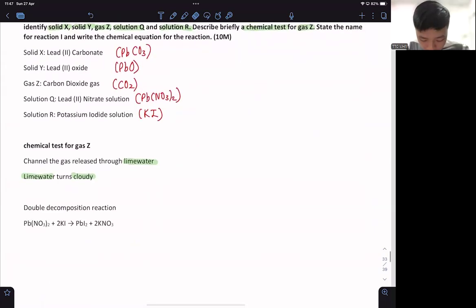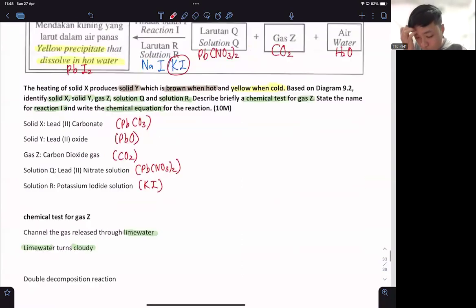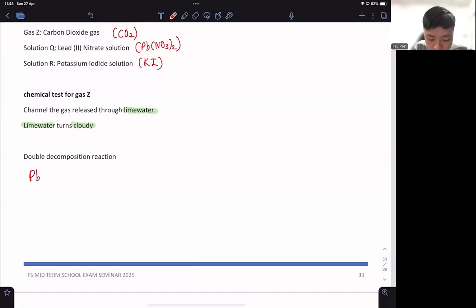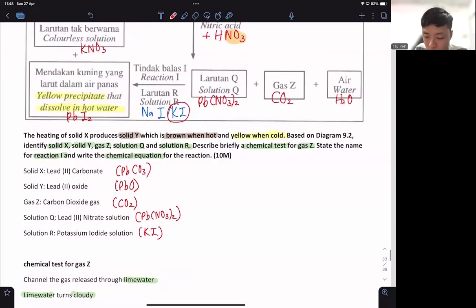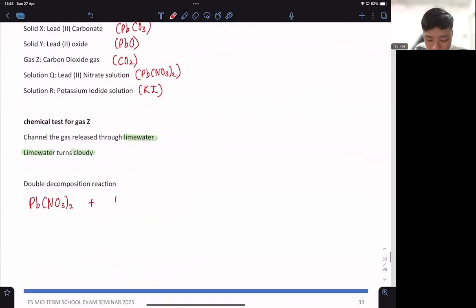Okay, double decomposition reaction. Then they also have you write the chemical equation for the reaction. So you have lead(II) nitrate, which is Pb(NO3)2, plus KI.